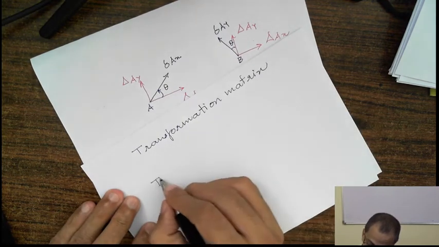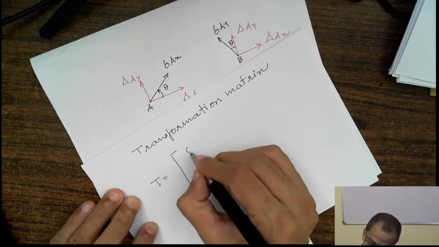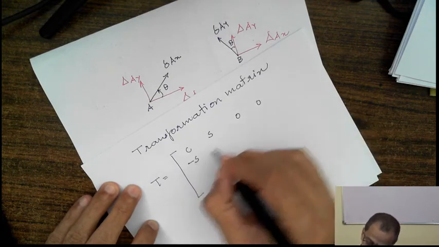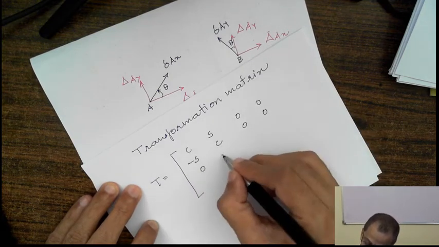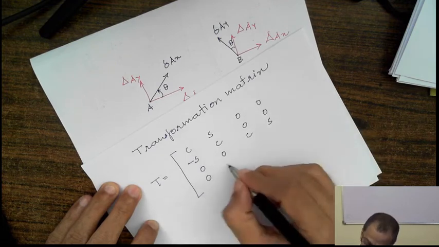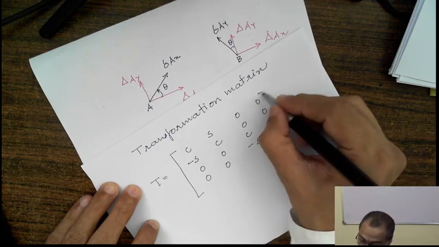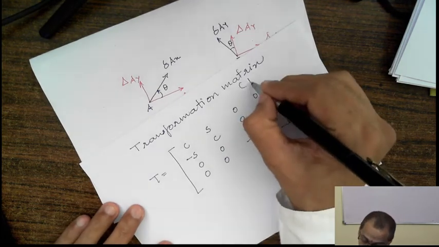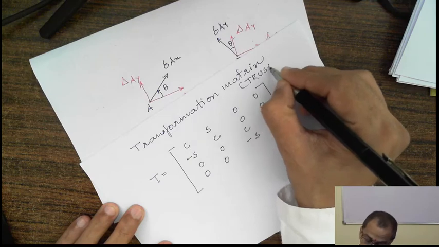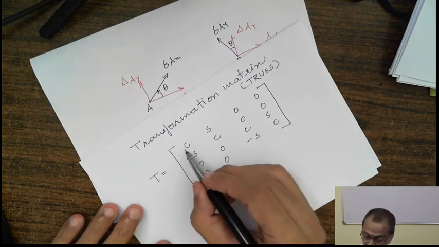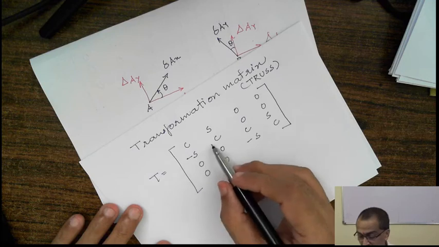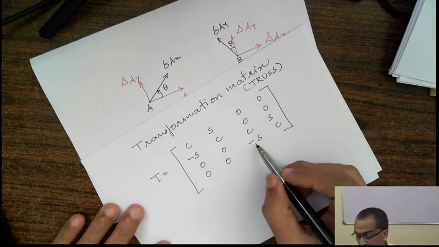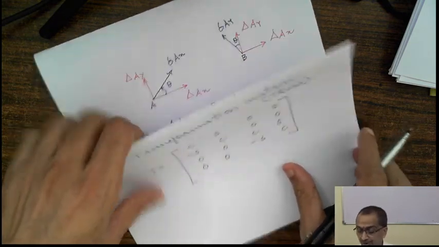T is equal to, I am writing simply cos theta as C and sin theta as S: C S 0 0, minus S C 0 0, 0 0 C S, and 0 0 minus S C. This is the nature of transformation matrix for truss element or bar element, that is cos theta sin theta 0 0, minus sin theta cos theta 0 0, 0 0 cos theta sin theta, and 0 0 minus sin theta cos theta. This is the nature of transformation matrix.